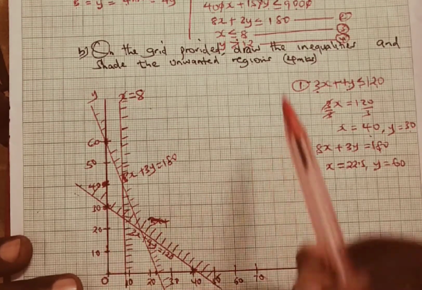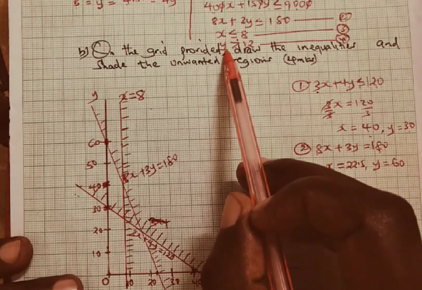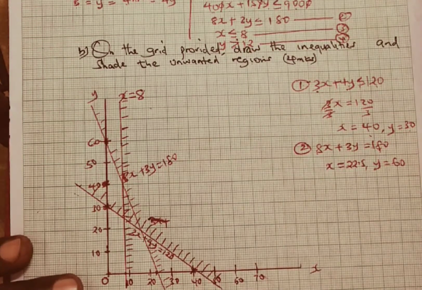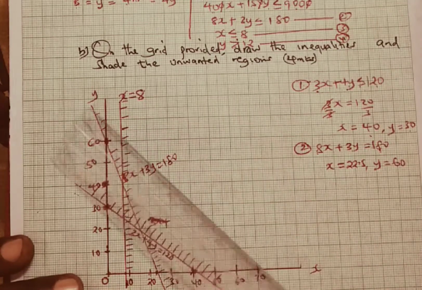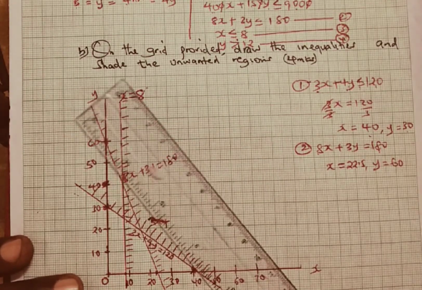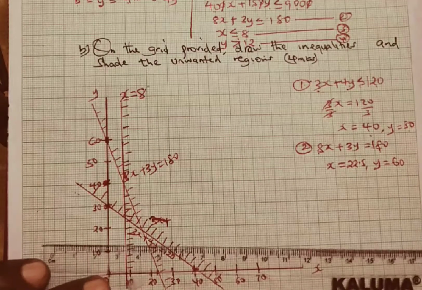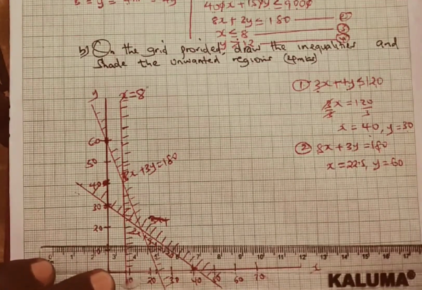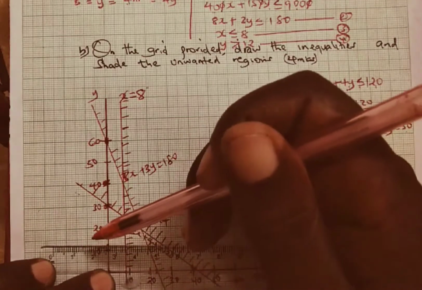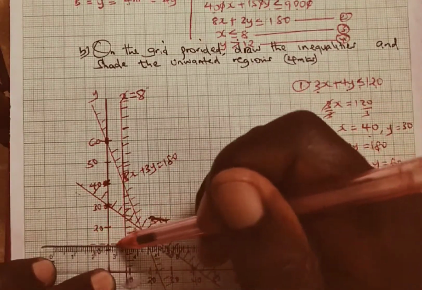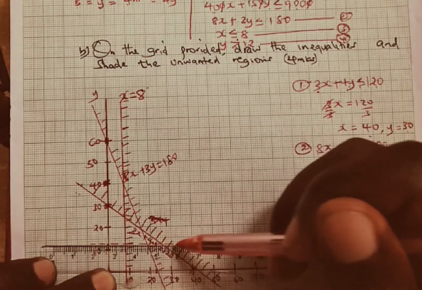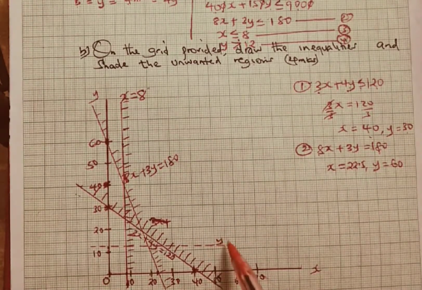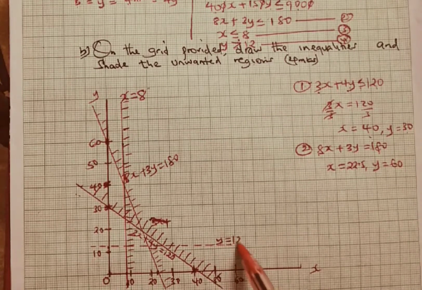And since we have the inequality symbol that says y is greater than 12, we are not going to use a complete line. We are going to use a broken line at this point here. So we can say our y is equal to 12 here.